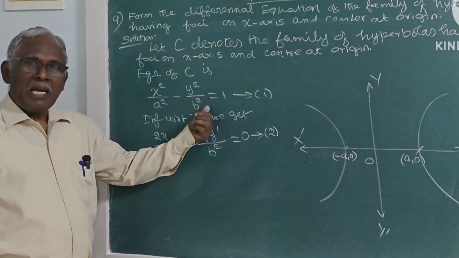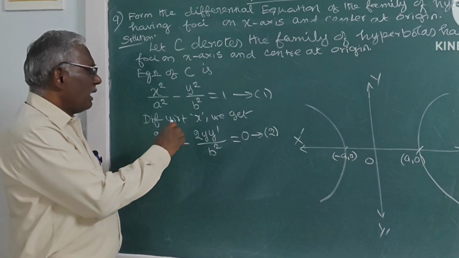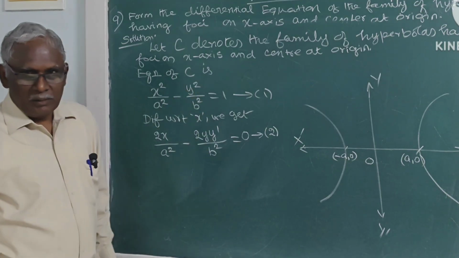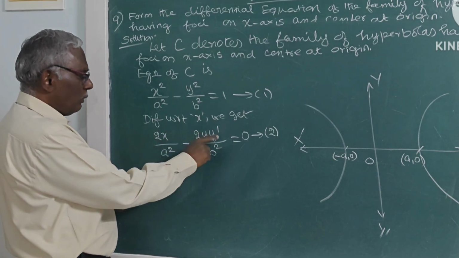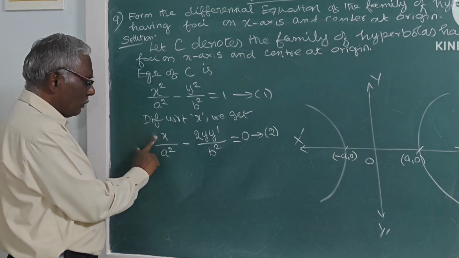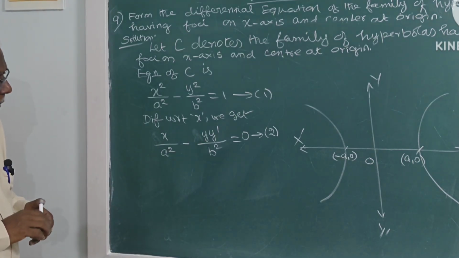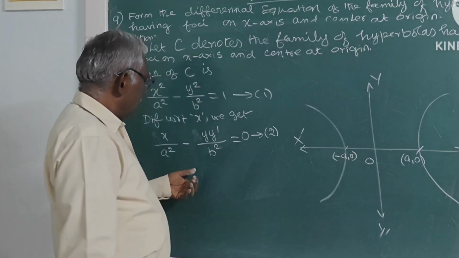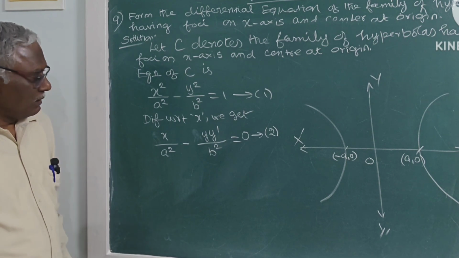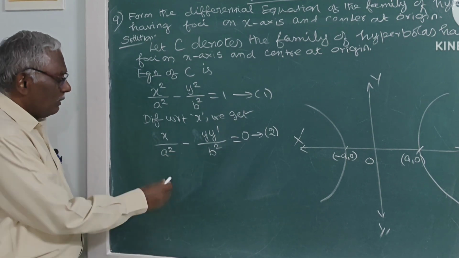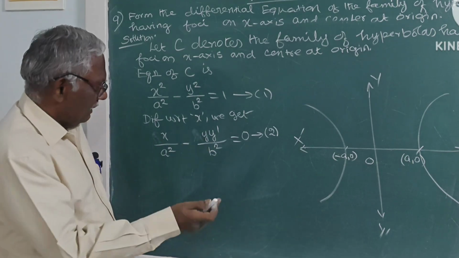Because this equation has two arbitrary constants a and b, we have to differentiate 2 times and we have to eliminate the arbitrary constants a and b. So like before, we will divide this equation by 2. Earlier, we had differentiated this once again and then eliminated the arbitrary constants. Now what I am going to do is take all variables to one side, constants to the other side.